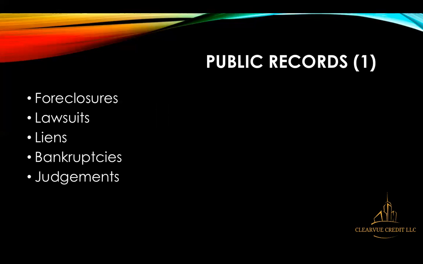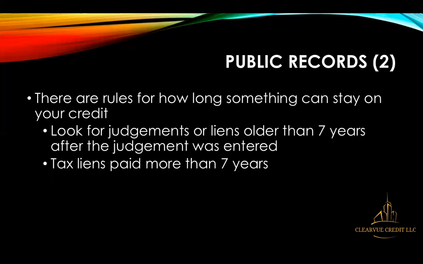Public records include foreclosures, lawsuits, liens, bankruptcies, and judgments. There are rules for how long something can stay on our credit. So look, for example, for judgments or liens older than 7 years after the judgment was entered.